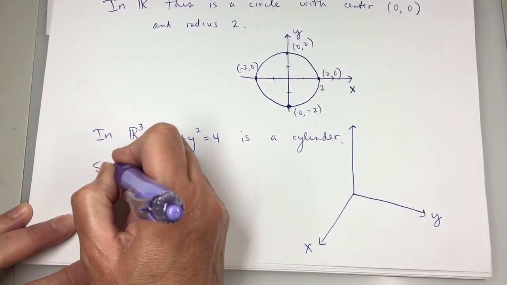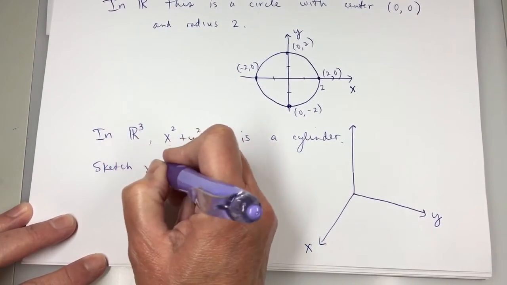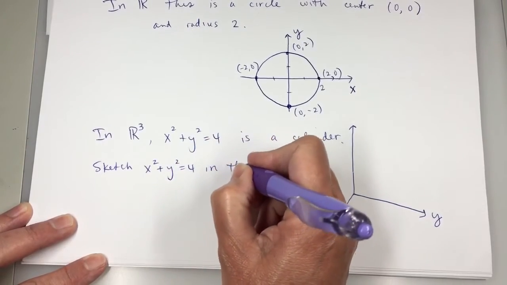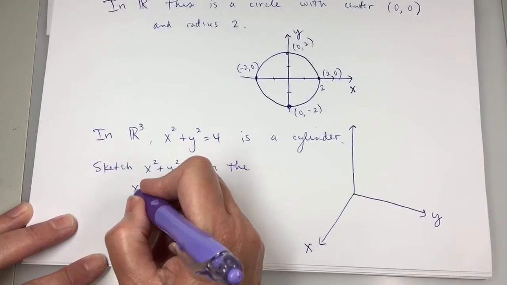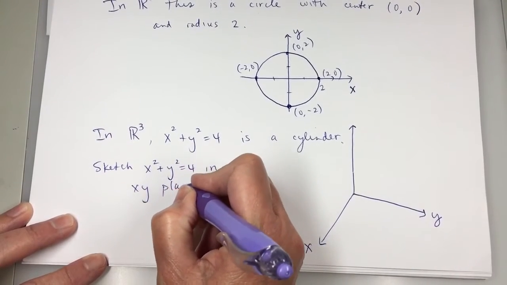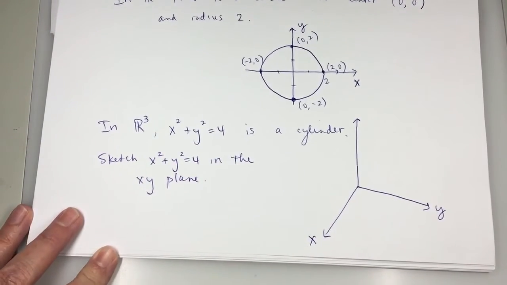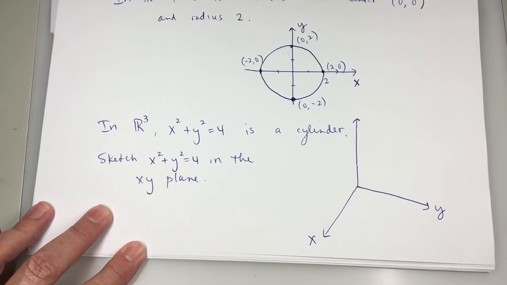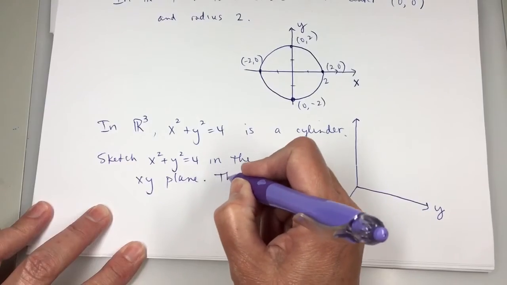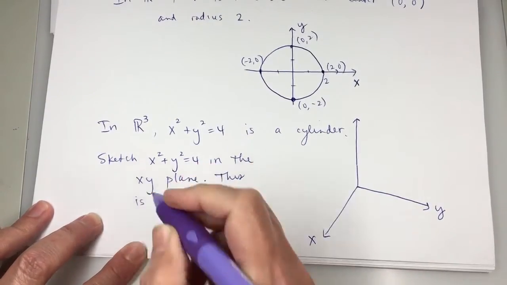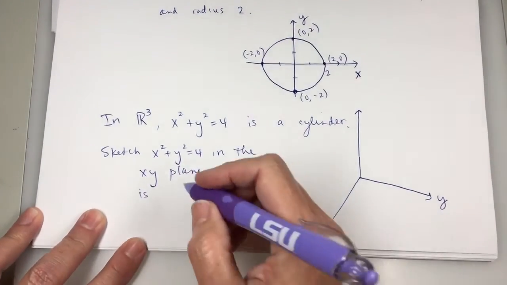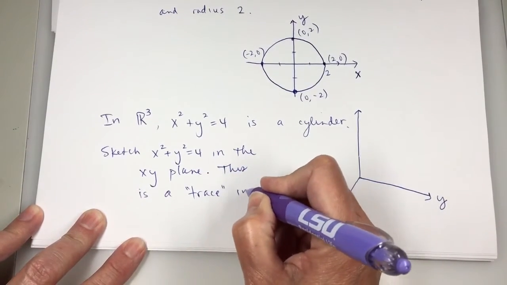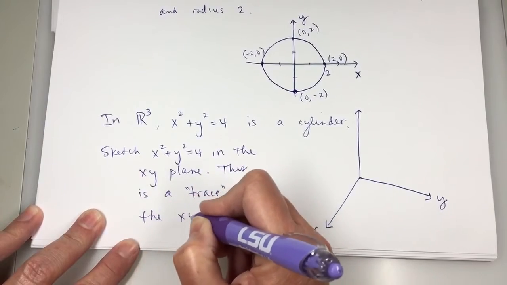So sketch x squared plus y squared equals 4 in the xy plane. And this would be called a trace. This would be the trace of this problem in the xy plane. So this is a trace in the xy plane.